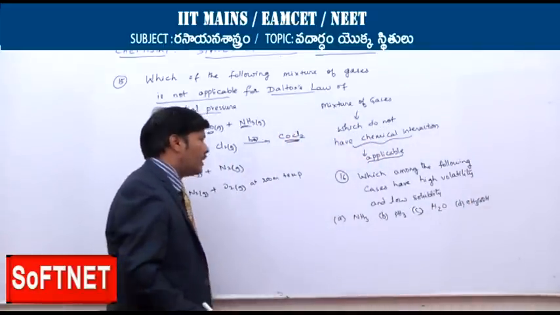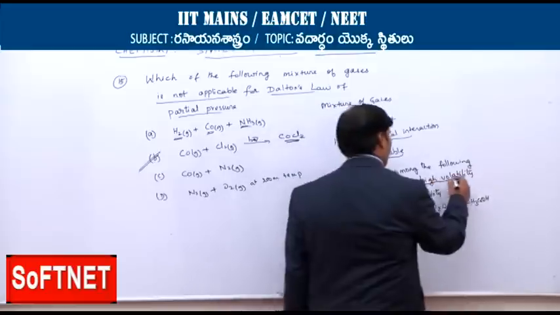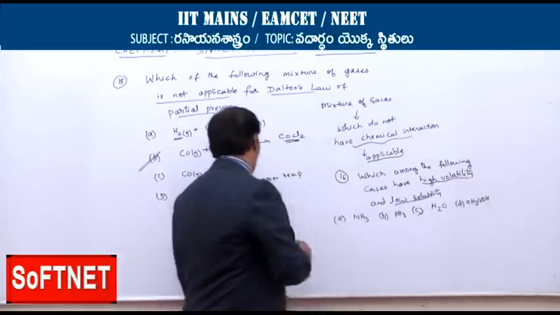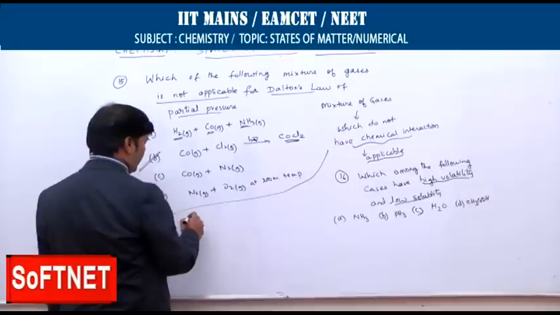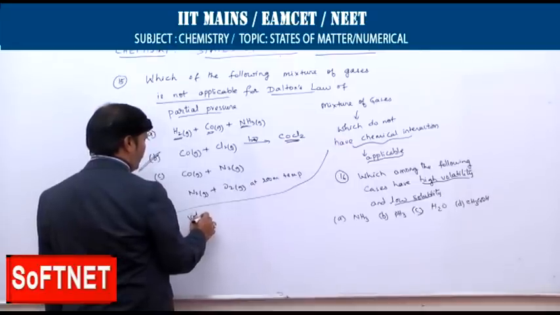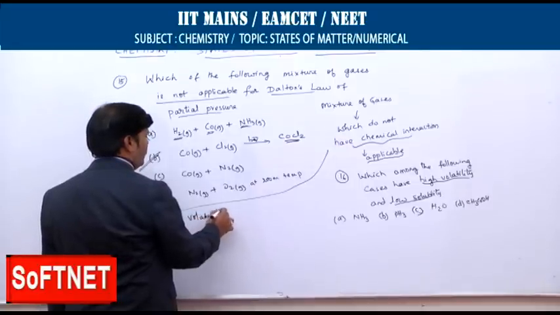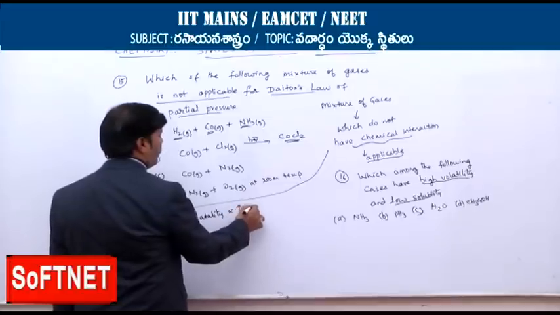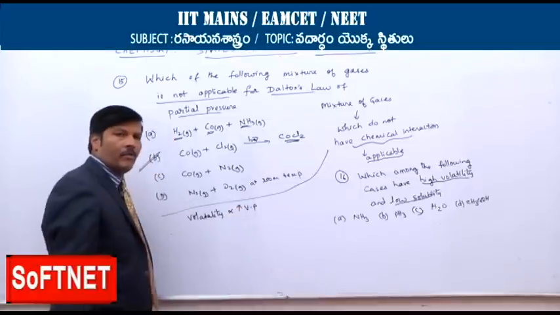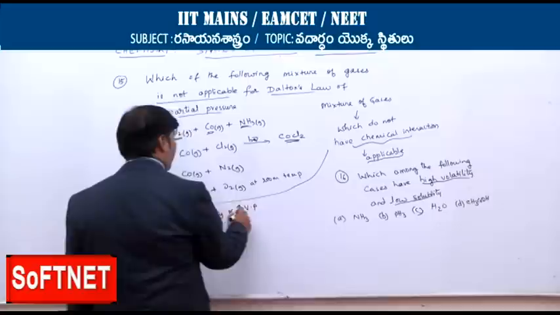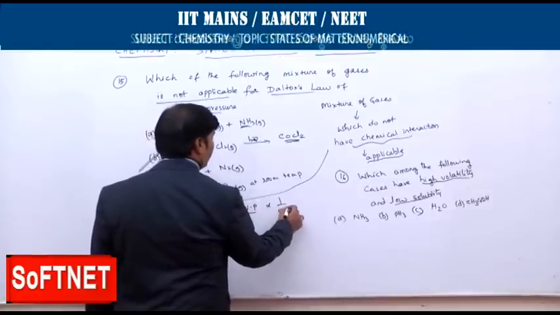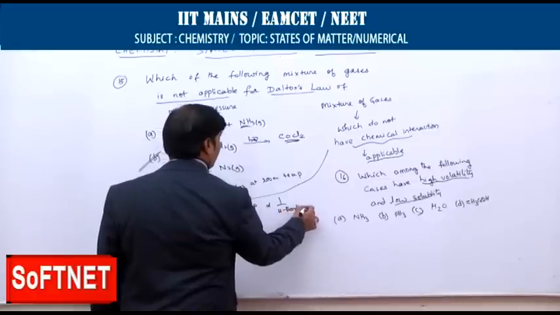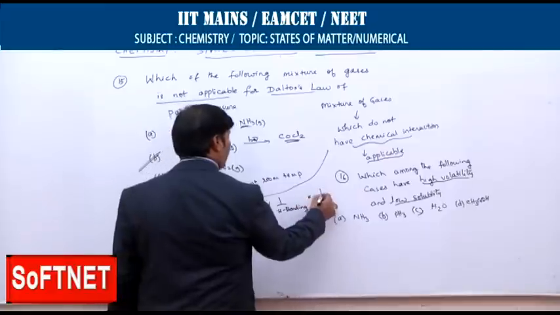What we need to understand here is, we are saying high volatility and low solubility, but one thing what you need to understand here is, for 16th question, volatility is directly proportional to increased vapor pressure and inversely proportional to hydrogen bonding and inversely proportional to solubility.